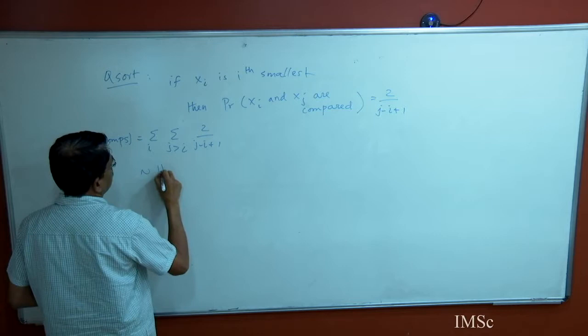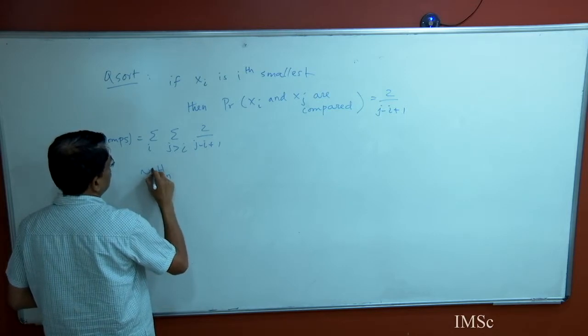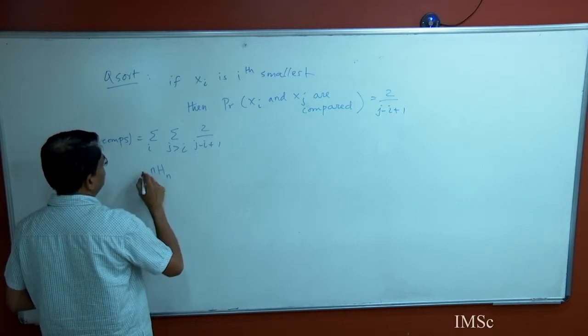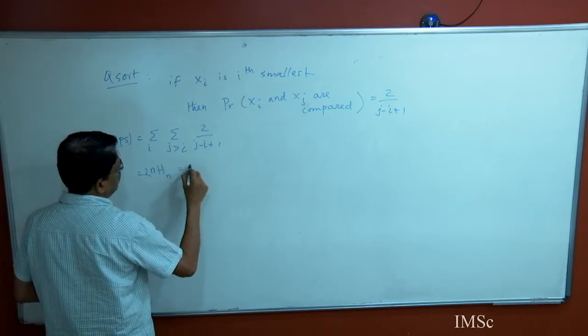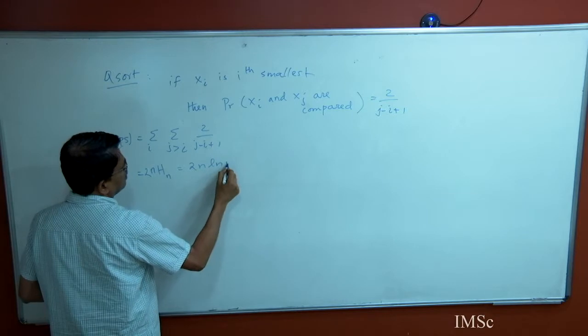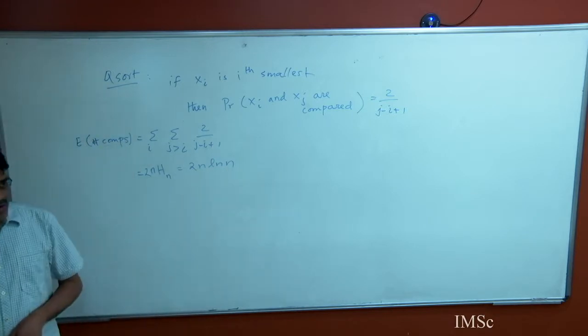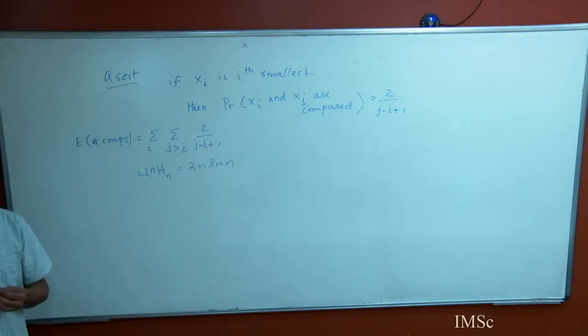This is some n times, or 2n times, Hn, where Hn is the harmonic sum, and that gave us this bound of expected n log n for quicksort.